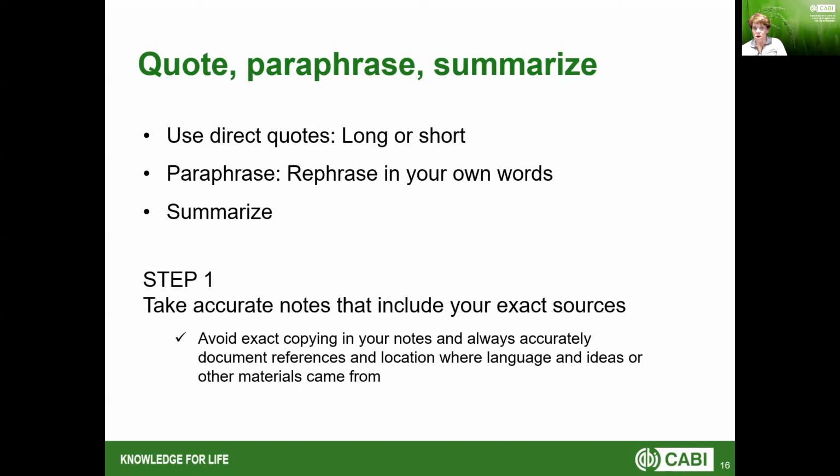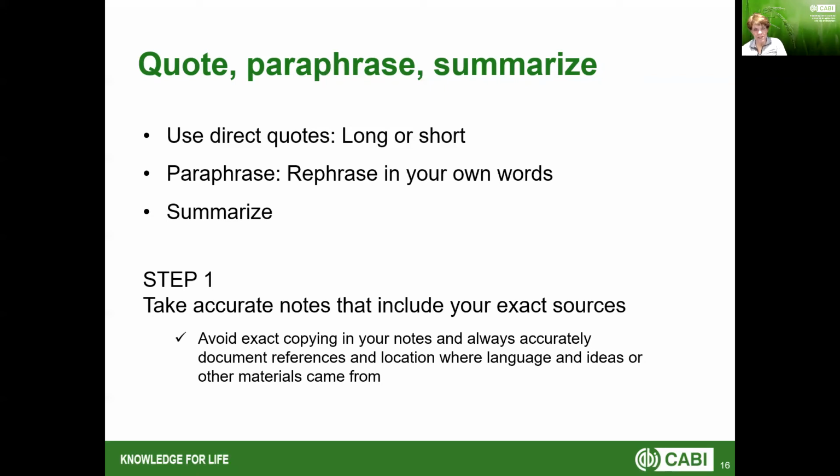So step 1, one way or the other, when you are studying, when you are pulling the materials together to write your manuscript, you have to take extremely accurate notes of where you got the source information from, who wrote it, when they wrote it, what paper, and ideally, if you have, for example, a PDF, what page it came from, just for your own memory.